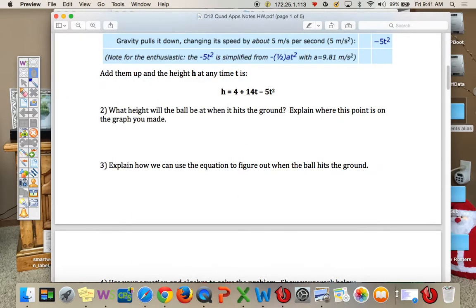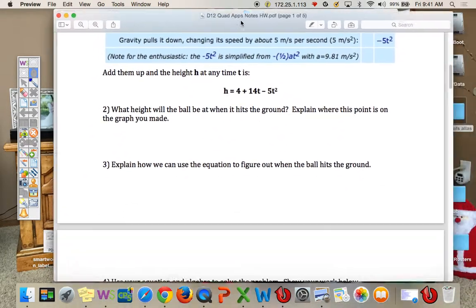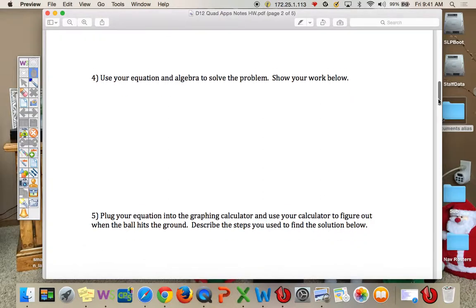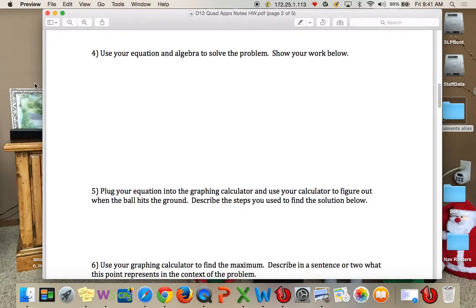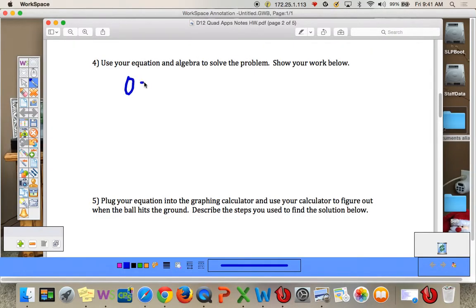Okay, let's see if I can go back to this. Okay. So use your equation in algebra to solve the problem. So again, we want to know when 0 equals 4 plus 14t minus 5t squared. We can use the quadratic formula.